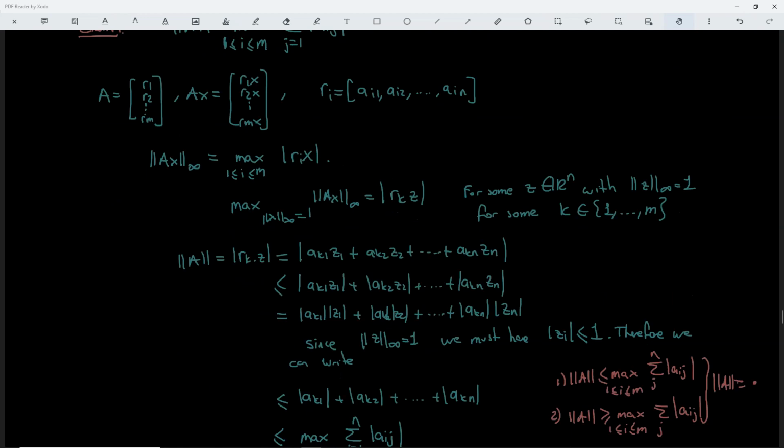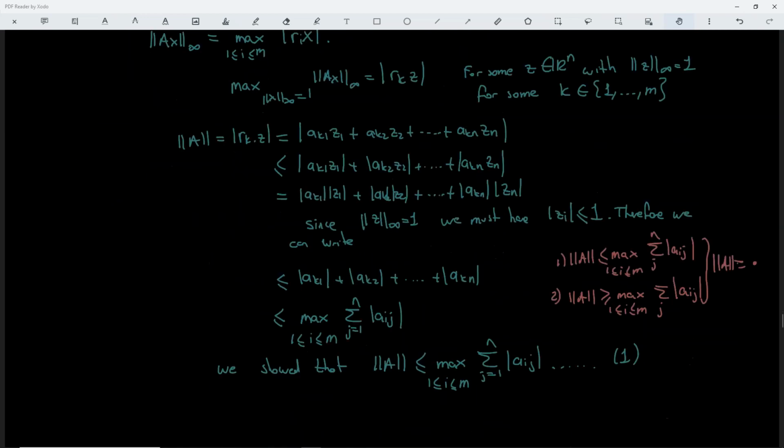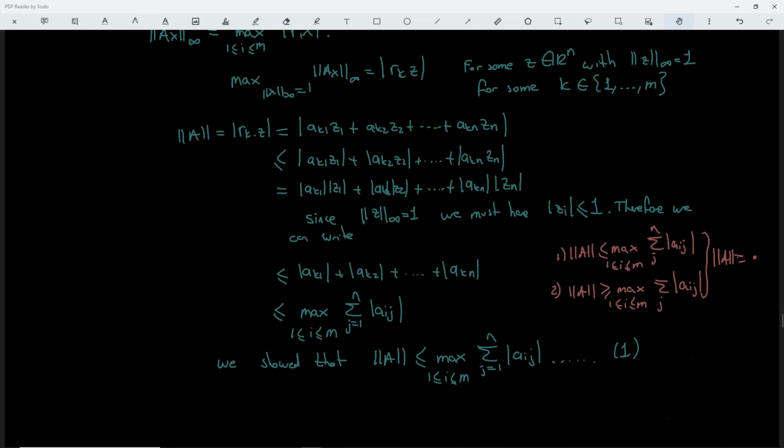And by using the properties of the absolute value, we show that when the infinite norm of the z vector is less than or equal to 1, that multiplication is less than the absolute value of the row sum, the sum of the absolute value of the elements in that kth row, okay? And that is smaller than the sum of the absolute value of the elements in any row.